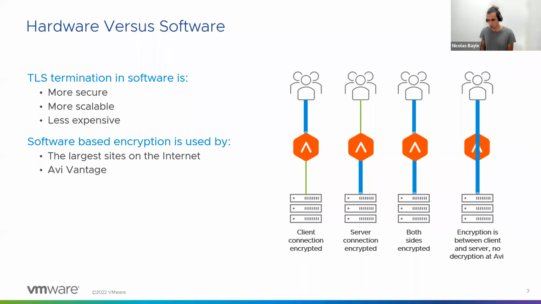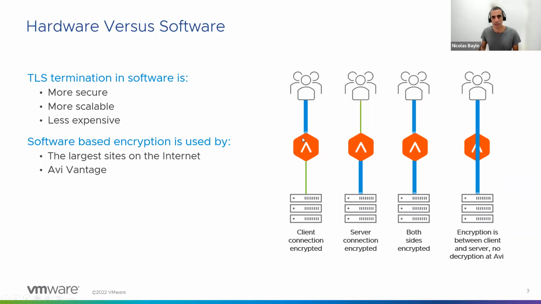So you can double check this on your web browser. You will see the type of certificate that those guys are using. They are using a software solution. And this is why we definitely think that software will bring more agility, more scalability, it's more secure. And at the end of the day, as I mentioned, it is less expensive.